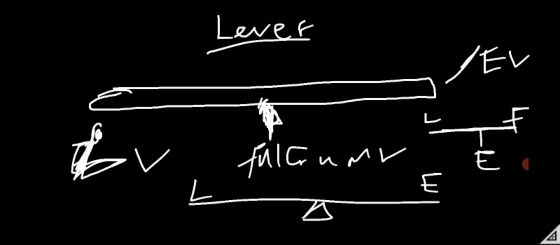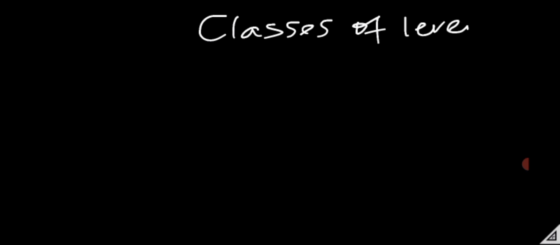Then class 2 lever: if the effort is at this side, we have E here, we have load here, then we have fulcrum here, it's called class 2 lever. But don't worry, that is what we are going to be explaining now. Now, types of levers, classes of levers.